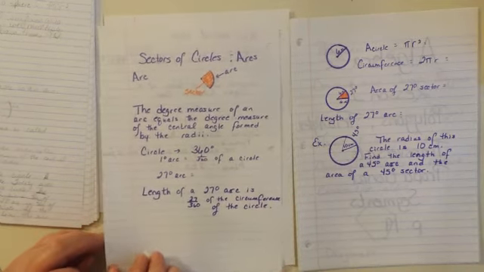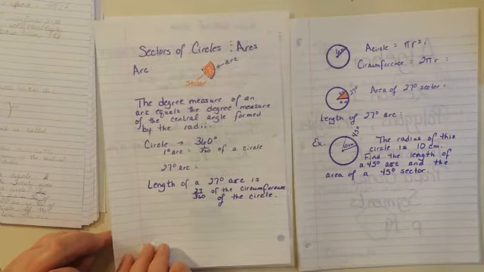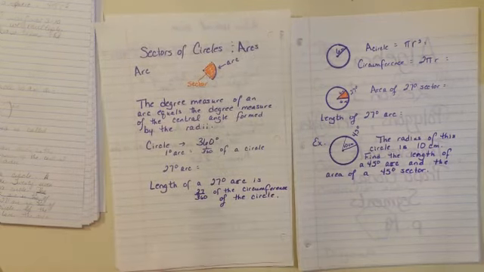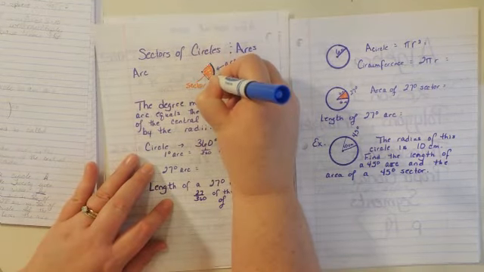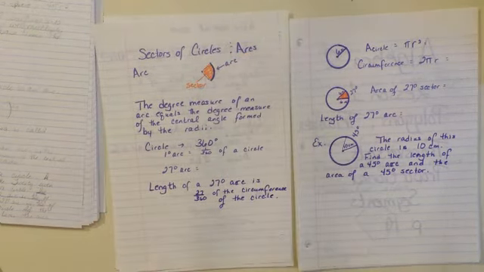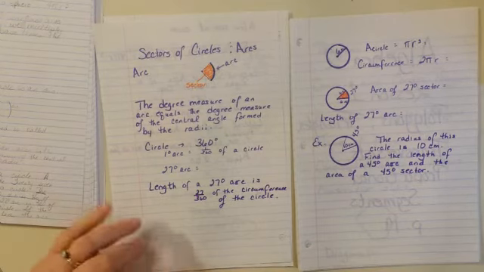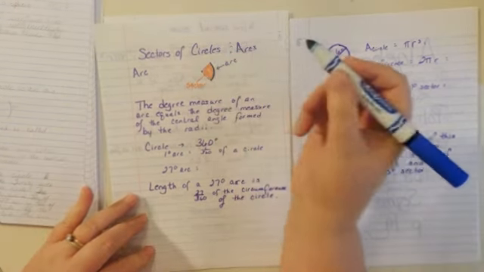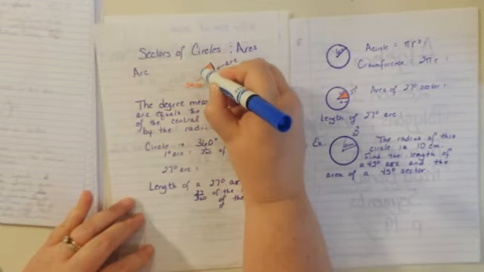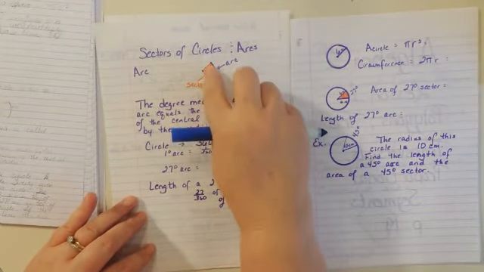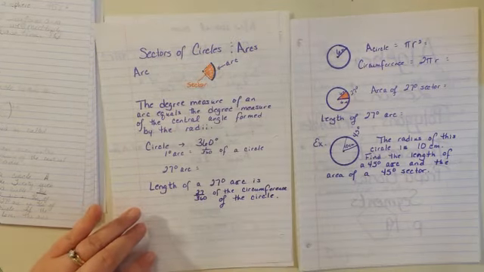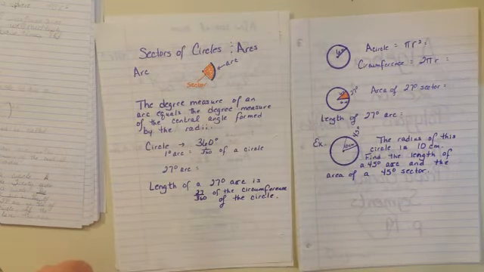Okay, sectors of a circle and arcs. One part of a circle, meaning the outside part here, is called an arc. If we draw two radii coming from the center of the circle out to the arc, then the area inside those two radii is called a sector.